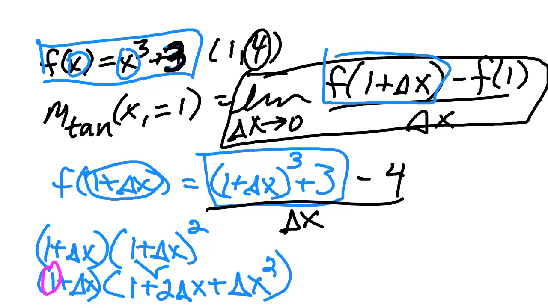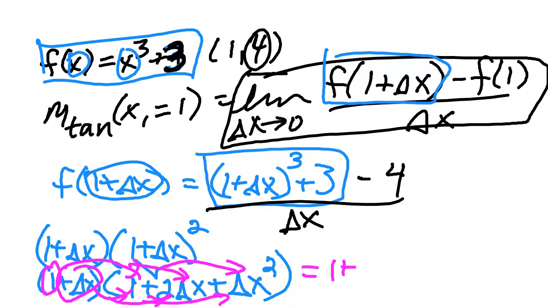So I'm going to multiply 1 times each part, and then I'm going to multiply the plus delta x times each part. So doing that, multiplying 1 times each part, I get 1 plus 2 delta x plus delta x squared.